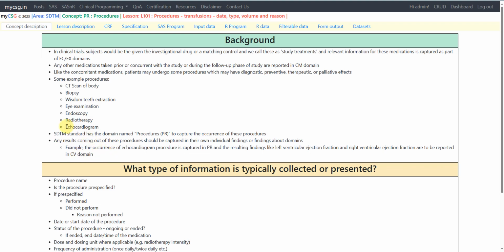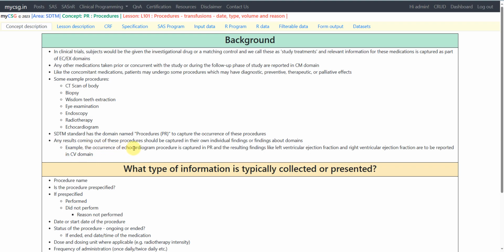Which means the date when the echocardiogram is performed, or whether it is performed or not, would be captured in the PR domain. But when you perform the echocardiogram, you get some results out of it. Those results have to be reported in the specific domain. So here in this example, the results are to be stored in the CV domain.